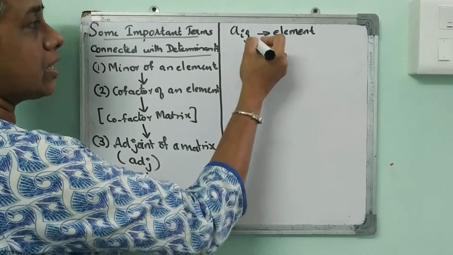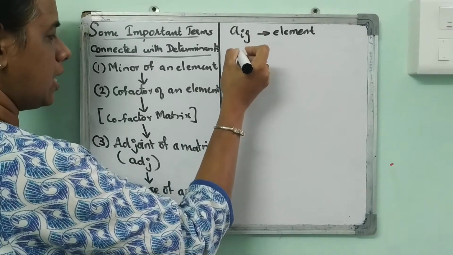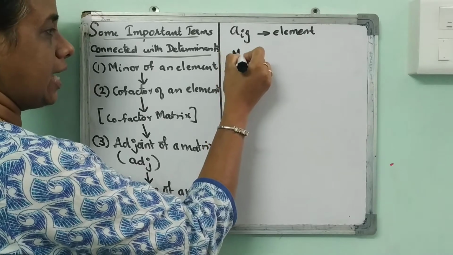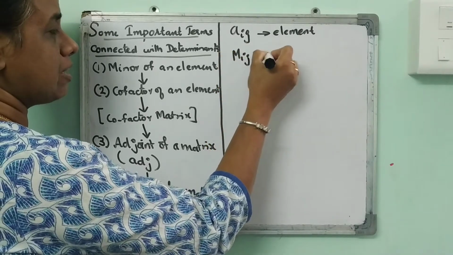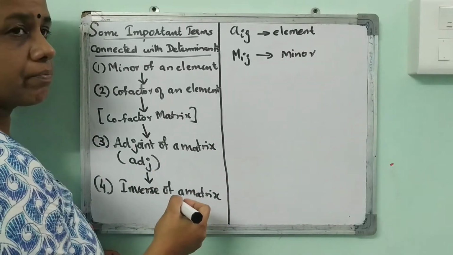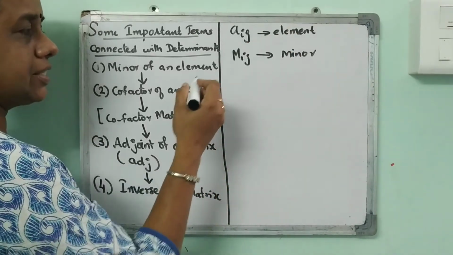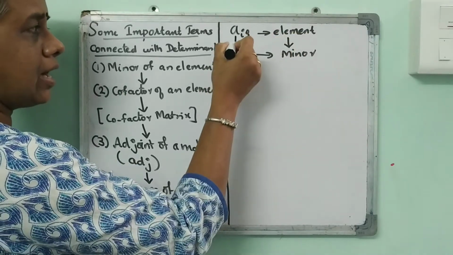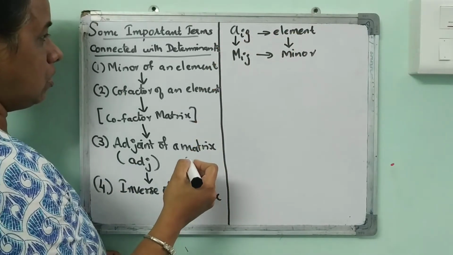Okay. For an element Aij, its minor is denoted as Mij, capital M suffix ij. This is how we denote the minor. For an element Aij, the minor is denoted as Mij. Okay.